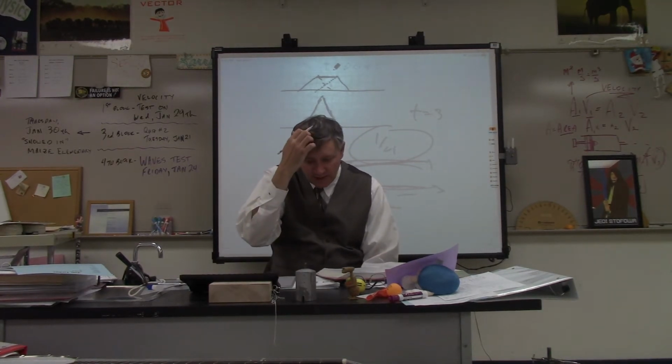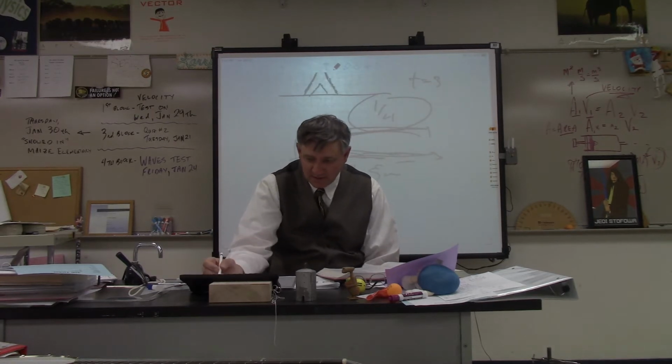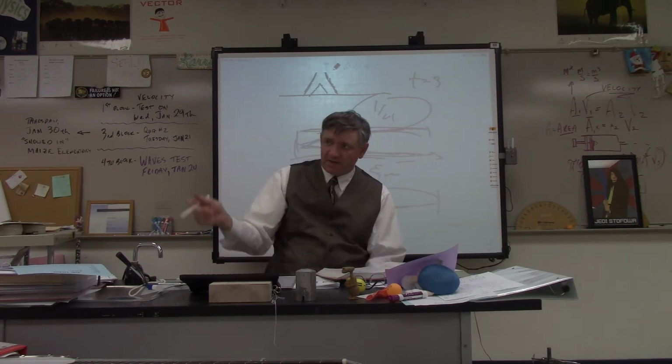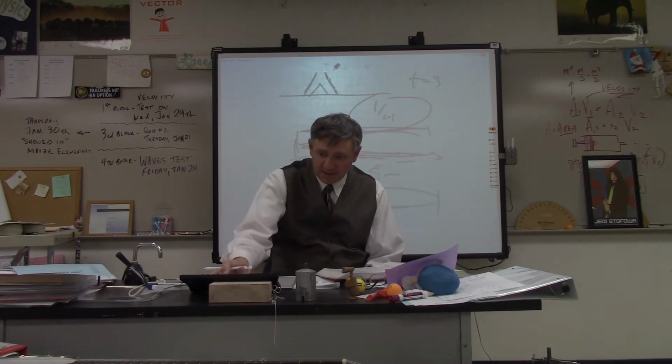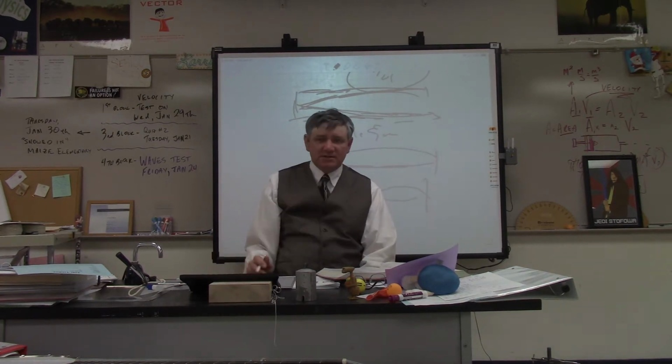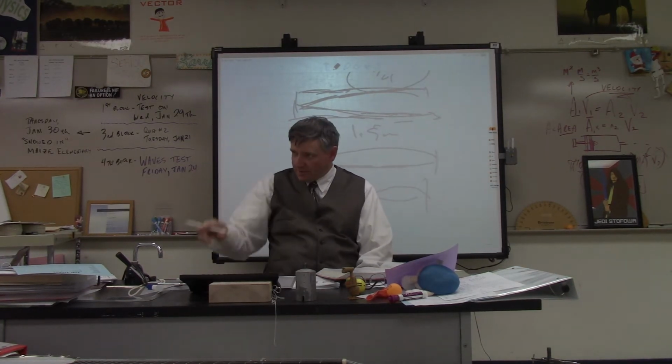But you do need to know the terminology. If you have a standing wave, this is what's known as the fundamental wavelength, because this is as simple as it can possibly get. Then the second would be something like this, where you have that wavelength within that system.